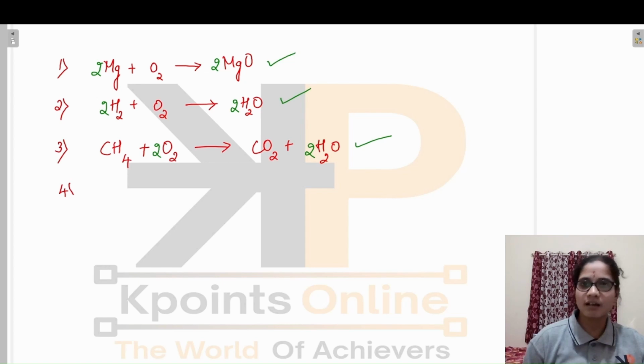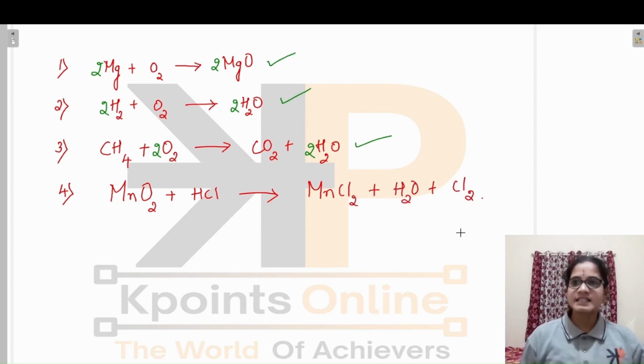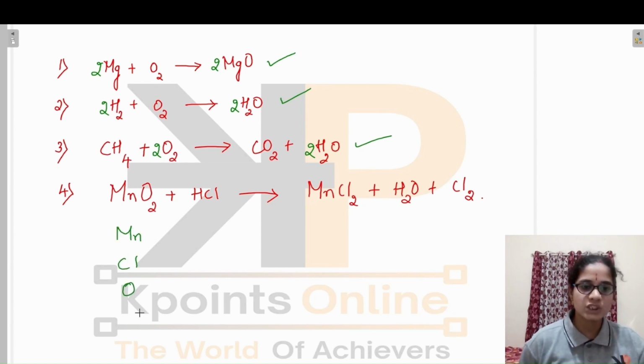Okay, let me take another example. Manganese dioxide plus HCl, it forms manganese chloride plus water plus chlorine. See here, there are 4 chlorine atoms here. As they are more in number, let us first balance the chlorine atoms. Or if the reaction seems complex for you, first write the number of atoms of each element, oxygen and hydrogen, on LHS and on RHS.